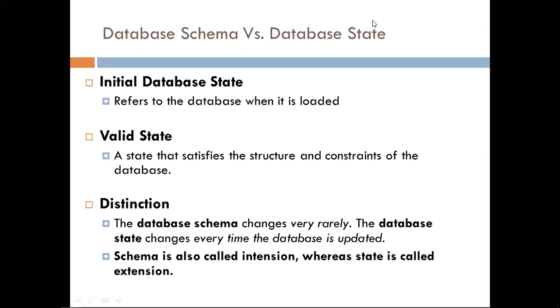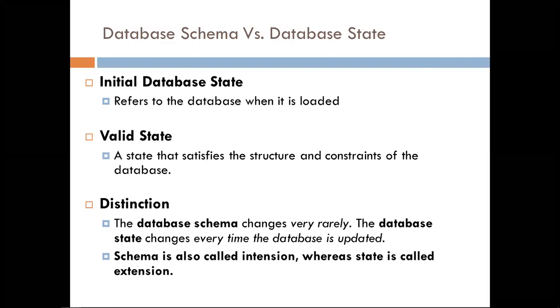So the other terms include initial database state. Database state is the current data that is present in the database or the table. Initial database state refers to the state of the database when the data is loaded for the first time.